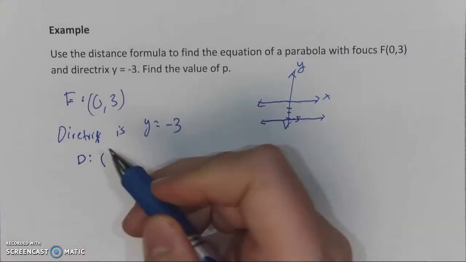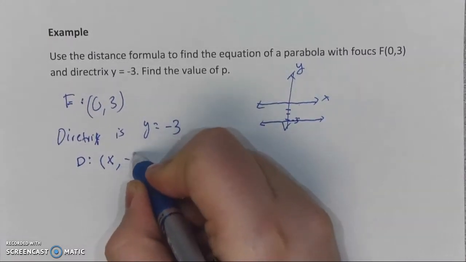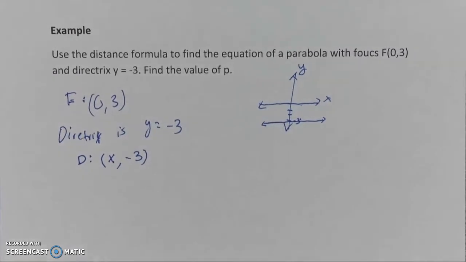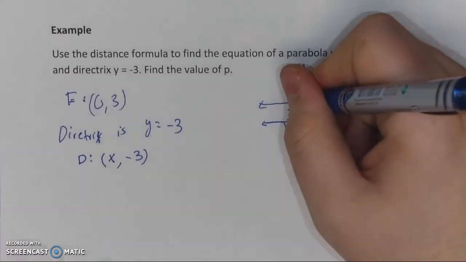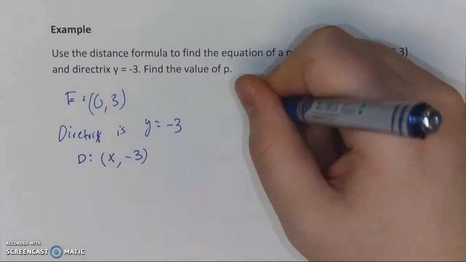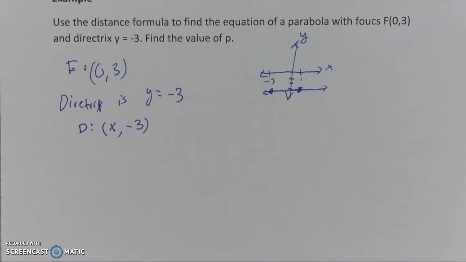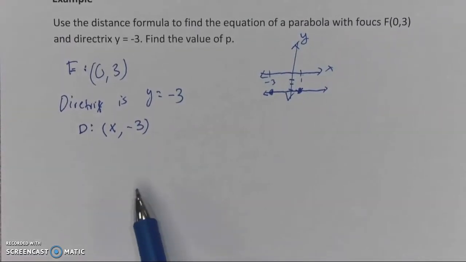The directrix is the point (x, -3). What this says is that for any value I put for x, my y will always be -3. So you could say x is 1. Well, y would be -3, and that's true. If I said x is -3, y would still be -3. So that's why we write the directrix as the point x comma -3.